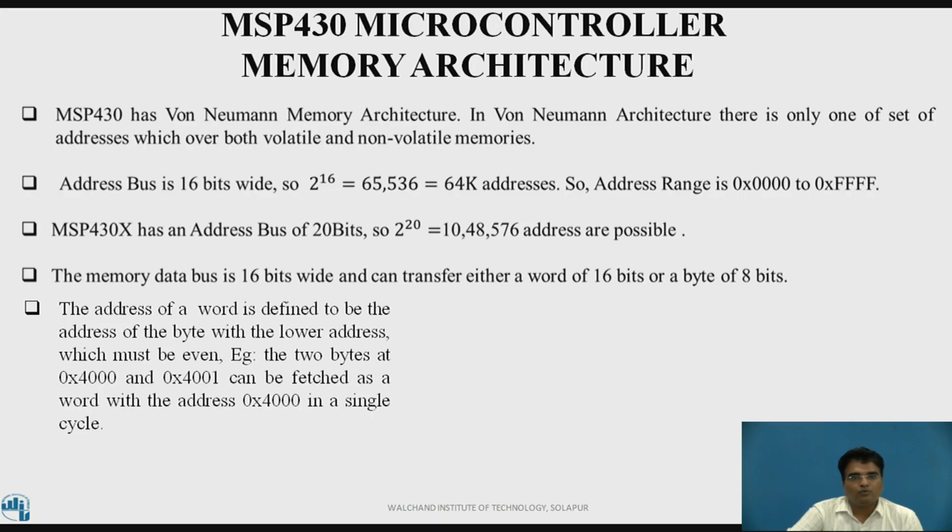For example, the 2 bytes at 0x4000 and 0x4001 can be fetched as a word with the address 0x4000 in a single cycle. Instructions are composed of words and therefore must lie at even addresses.